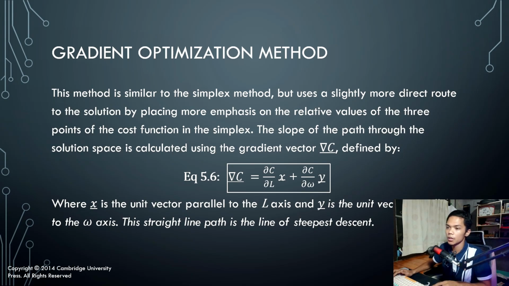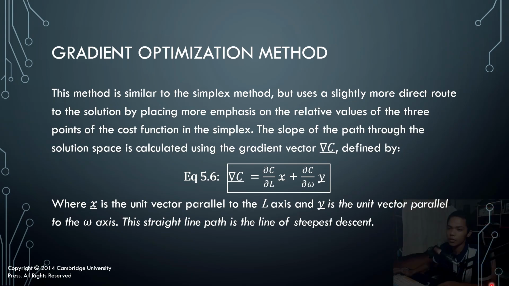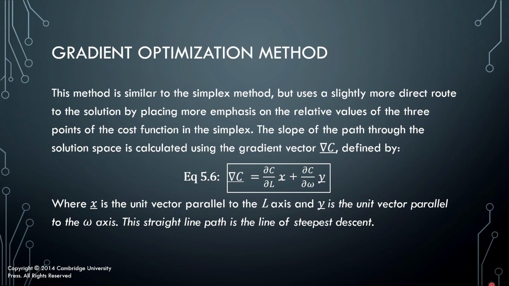Del C bar is equal to del C over del L times X bar plus del C over del omega times Y bar, where X bar is the unit vector parallel to the L axis and Y bar is the unit vector parallel to the omega axis. This straight line path is the line of the steepest descent.